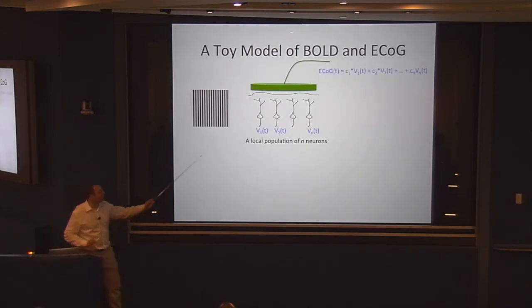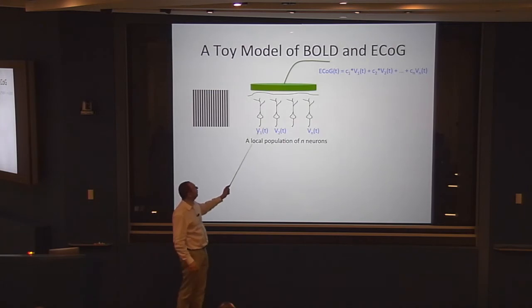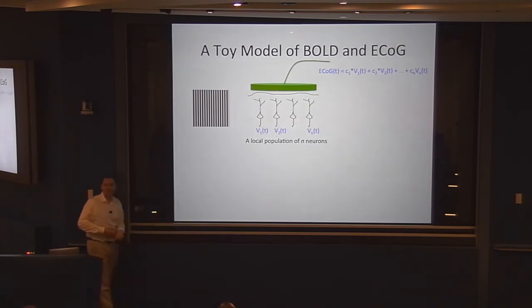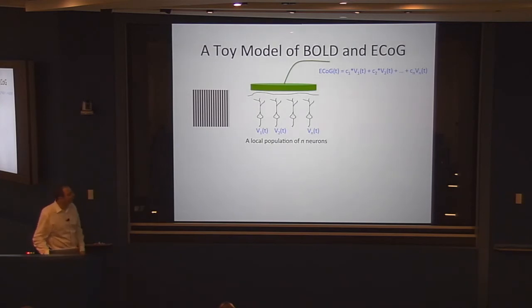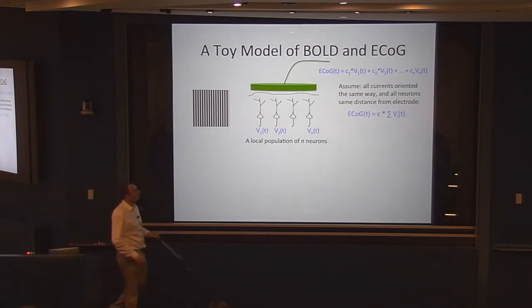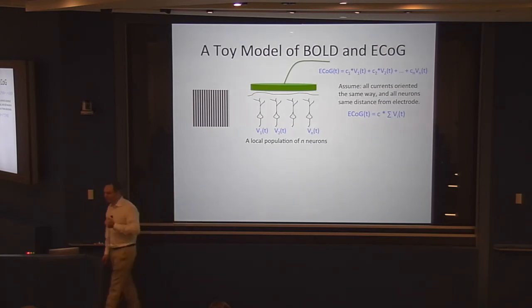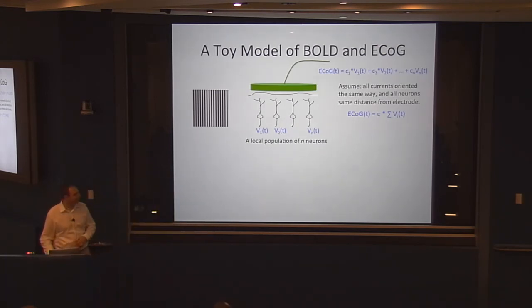Well, each neuron is going to contribute this signal times some value that reflects the fall-off with distance and the volume conduction. For simplicity, and I'm going to have to do a lot of things for simplicity, I'm going to assume all the neurons are the same distance away from the electrode. And that means all the C's are the same, and that lets me say that the ECoG response is just C times the sum of the time-varying membrane responses.